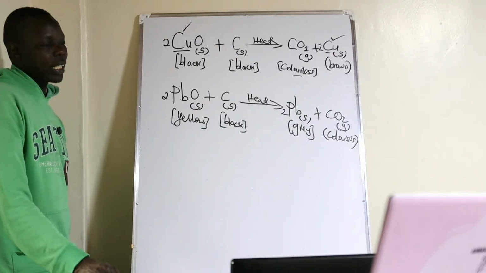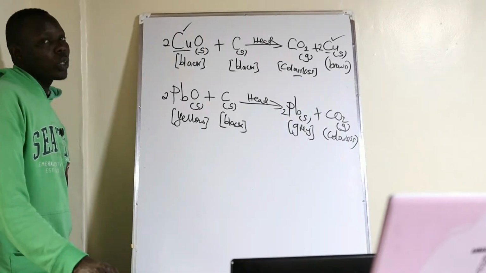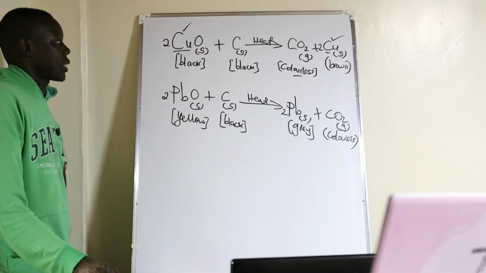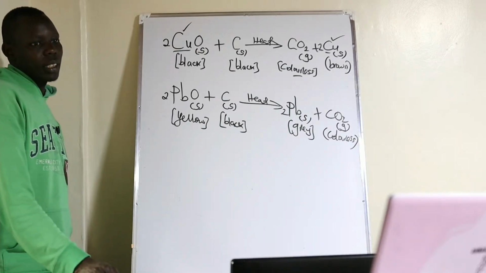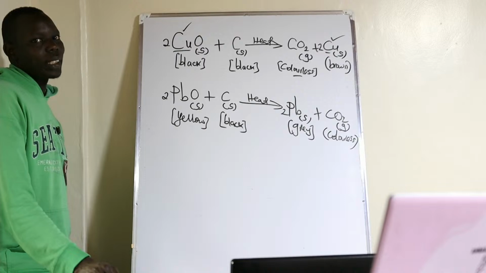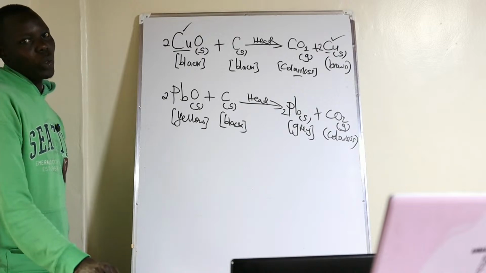Let's talk with zinc oxide. I'm also writing this so that you get to know the colors of the oxides. Nataka tuende kwa zinc oxide. Zinc oxide is white, and it's white when hot and when cold.